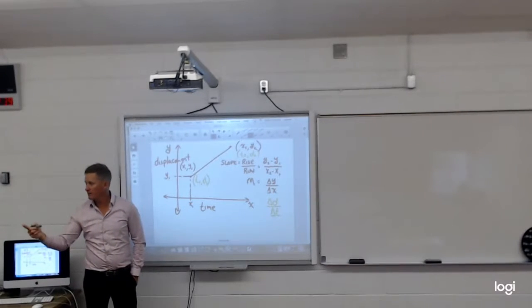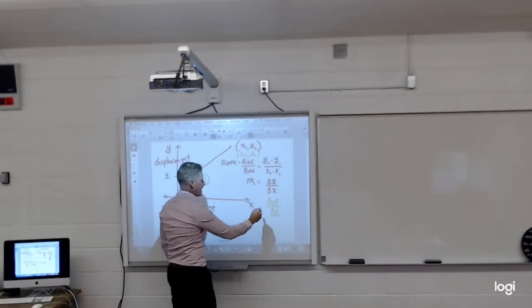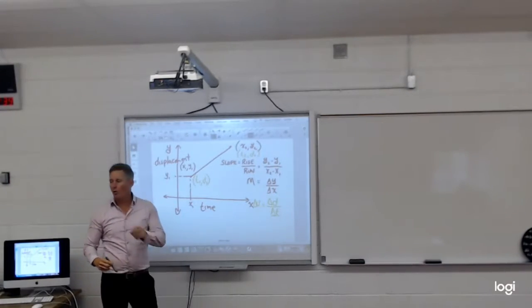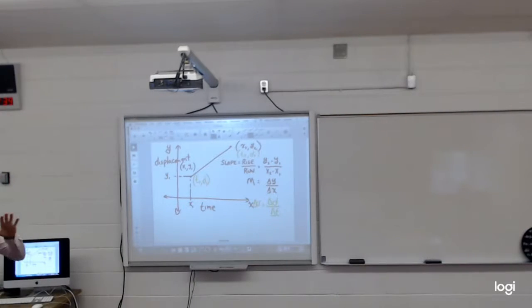We all agree? So what is that? That is my velocity. From this graph, if I find the slope of the line, what have I just found? Velocity. I found my average velocity.